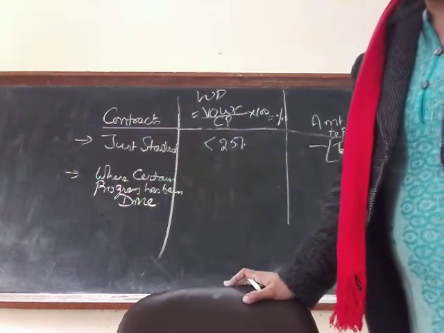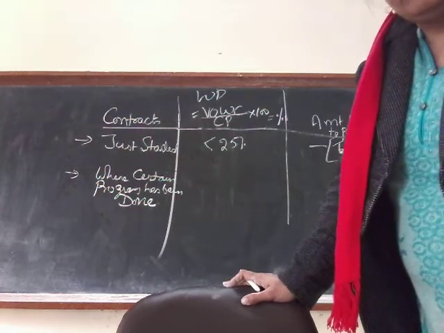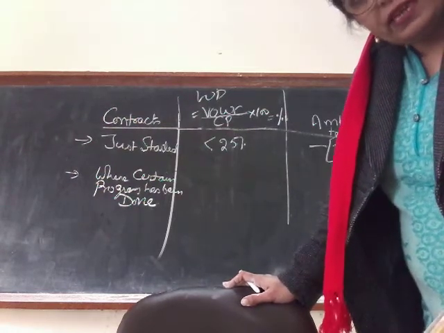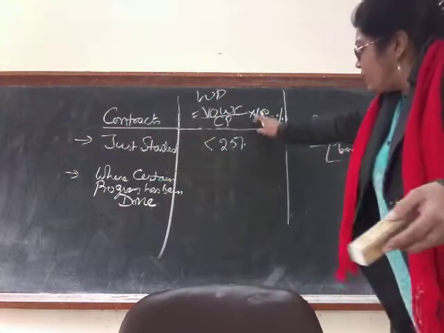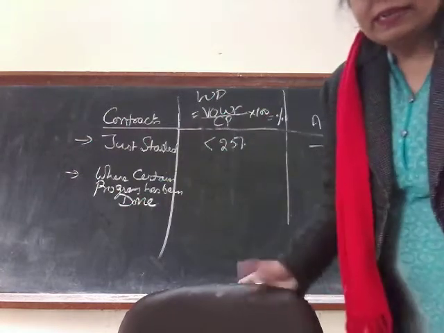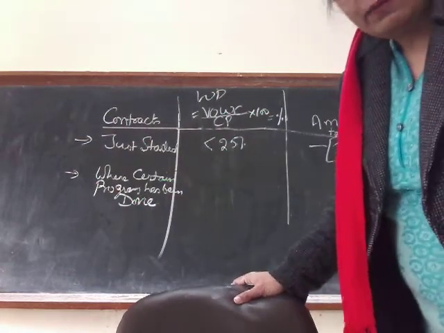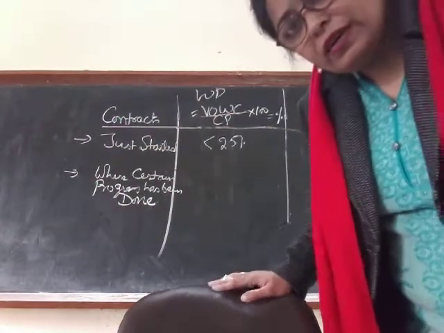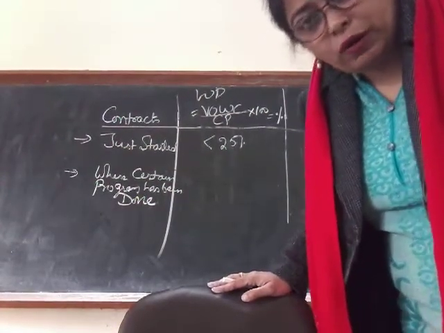How the percentage is to be calculated, we will be once again revising the formula. The formula is value of work certified divided by contract price.